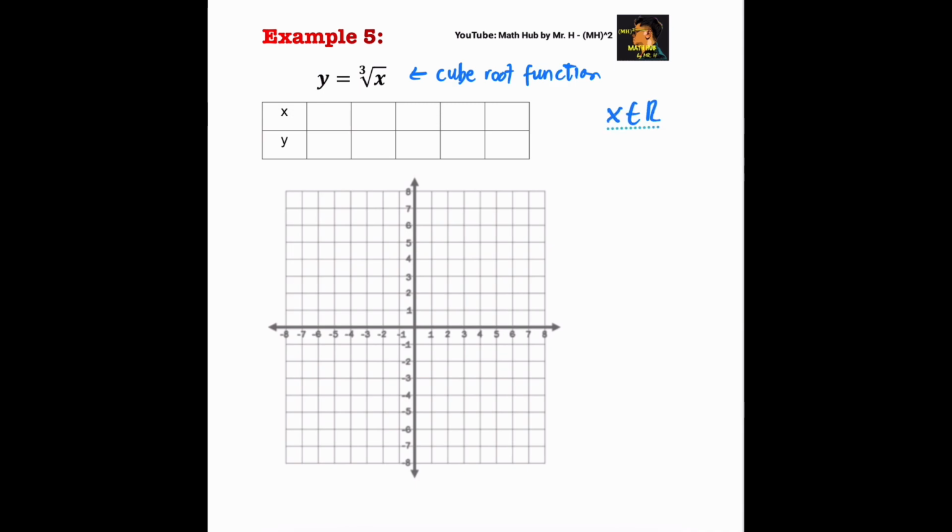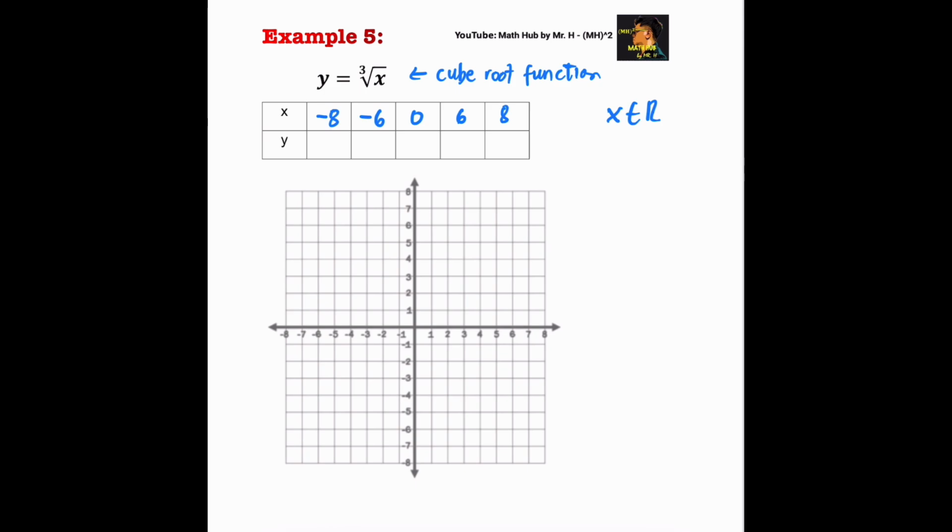Whatever value of x you plug in there, whether it's negative, 0, or positive, you will always have an answer that is a real number. So for this example, I would like to pick x values of -8 for the first value, followed by -6, and I want to pick 0 as well, then the positive counterparts of these two, 6 and 8.